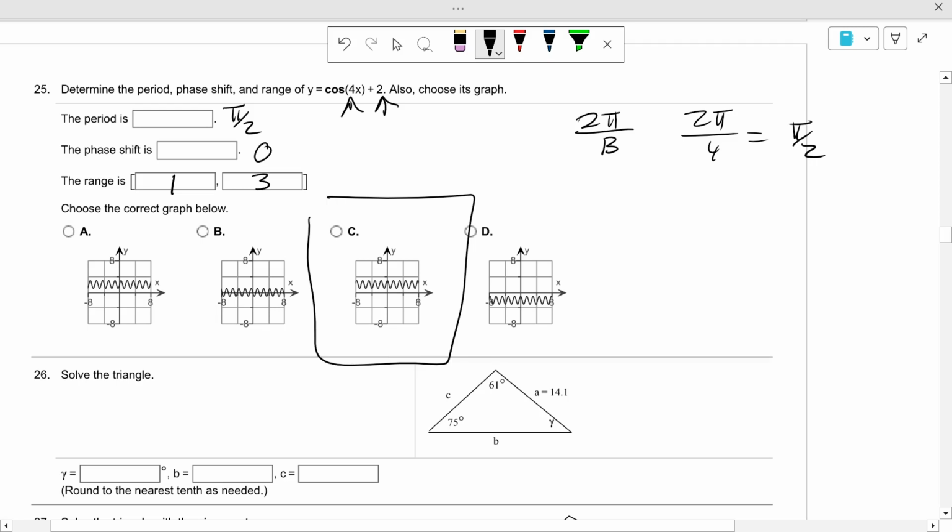I add, because normally cosine goes from -1 to 1. The normal cosine curve starts at 1, goes to 0, goes to -1, goes to 0, goes to 1. So if we shift everything up by 2, it starts at 1 and goes to 3.